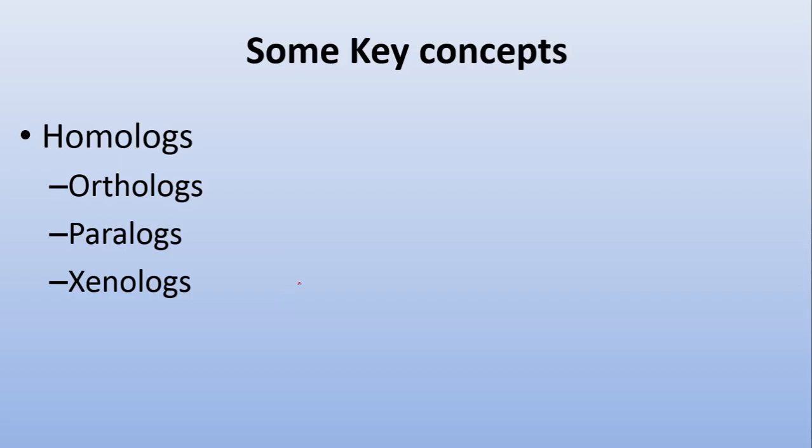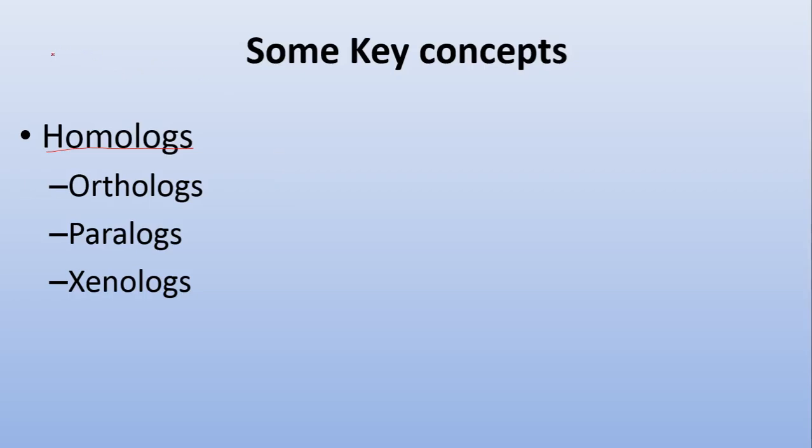Okay, so let us first try to understand the concept of homology. Homology has a specific meaning. If two genes are derived from a common ancestor, then we say that these two genes are homologs of each other.